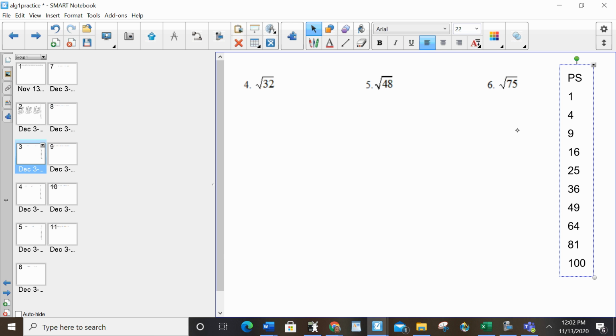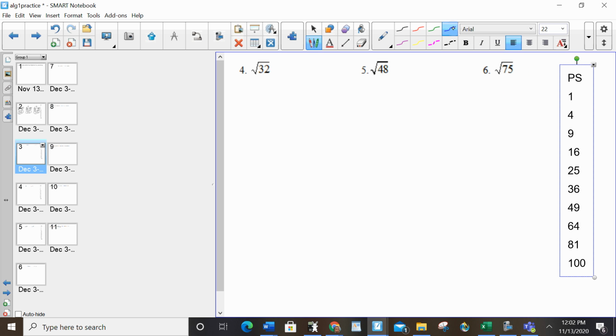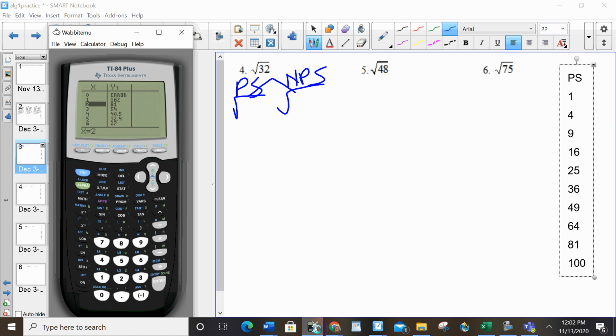Okay, now that you tried 4, 5, and 6 on your own, let's go over them. I want to break each of them down into perfect squares and non-perfect squares. If I'm using the calculator, I go to y equals and do 32 divided by x.